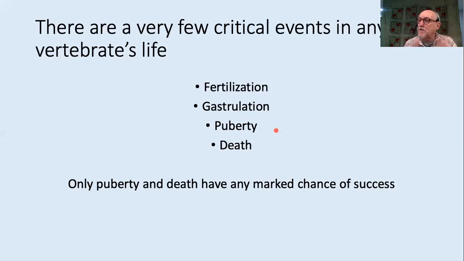That growth spurt is because of the release of growth hormone from the pituitary. And it is in response to all sorts of other cues and events that are occurring. And biologists will tell you that of these 4 events here, there are 2 that usually have the desired outcome, and that is puberty, usually pretty successful, even though it might be a little bit miserable to go through sometimes.